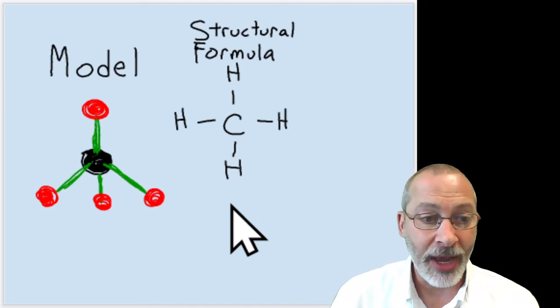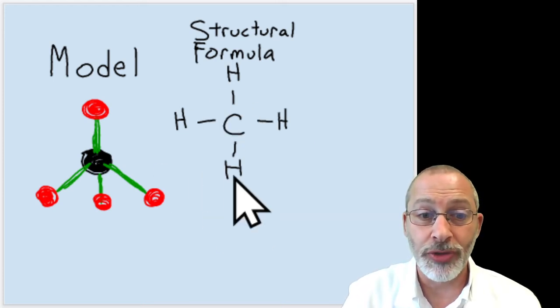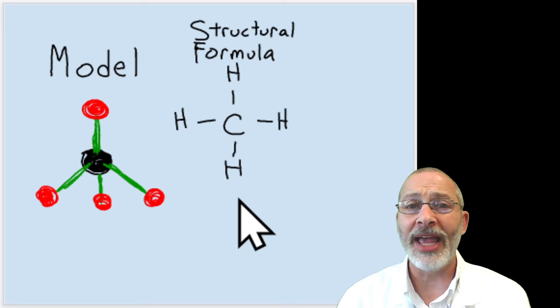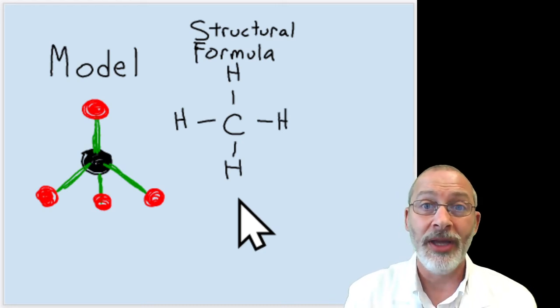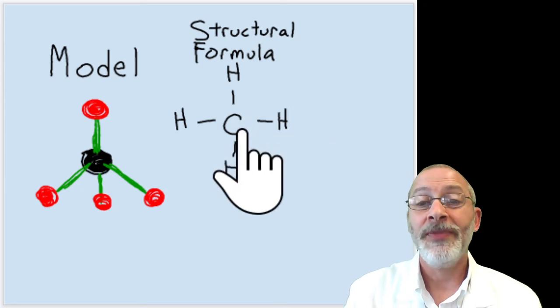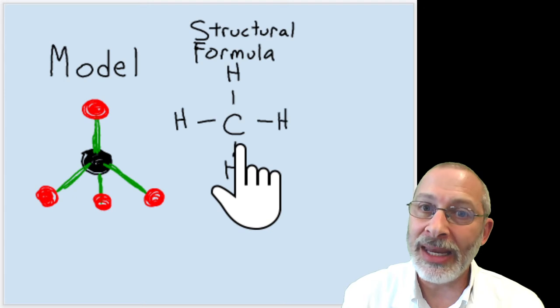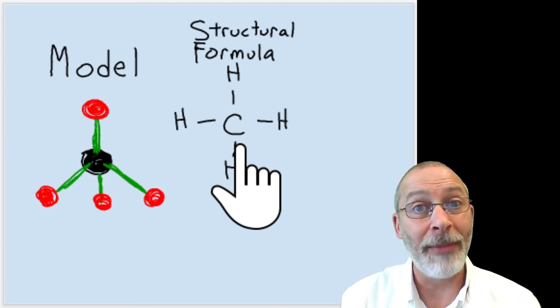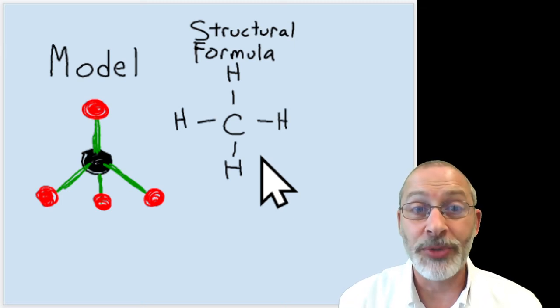So that is the structural formula for methane. Now we have one more step to go here, and that is to take the structural formula and write a molecular formula. Remember, a molecular formula is going to show us what kind of elements and how many of those elements there are, and we represent the number of atoms of each element with a subscript.